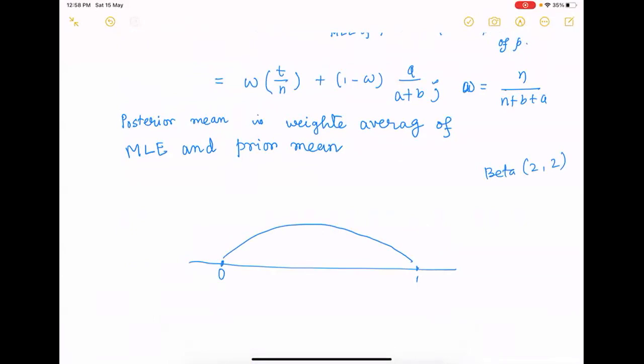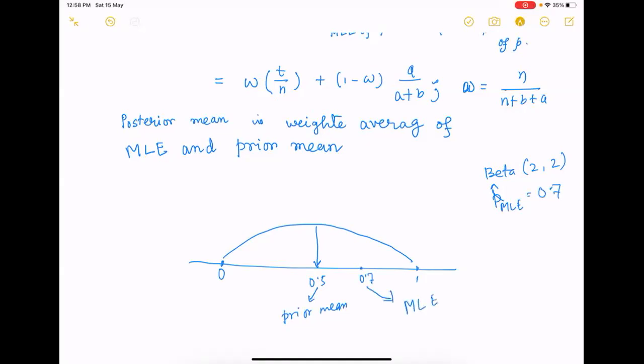Typically it looks something like that. Now I have seen my p hat, my MLE, and say it is 0.7. Somewhere here is half, so this is my prior mean. And my MLE is 0.7, so suppose this is 0.7. This is my MLE.